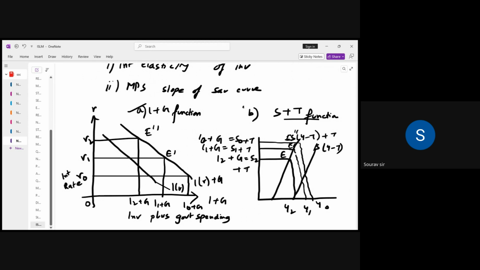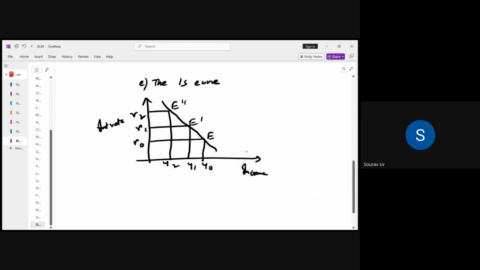Next, for part B, an increase in saving and hence income is needed to restore equilibrium in the commodity market. So the IS curve will pass here. It will be steeper. That I have drawn for you. This is your IS.